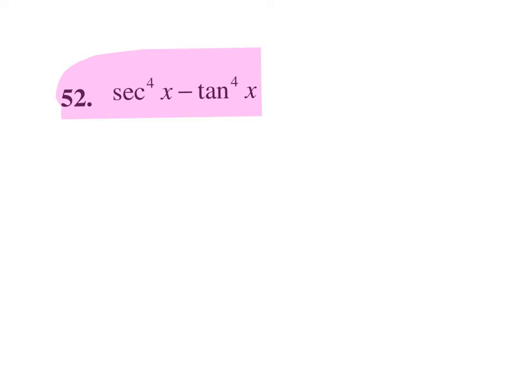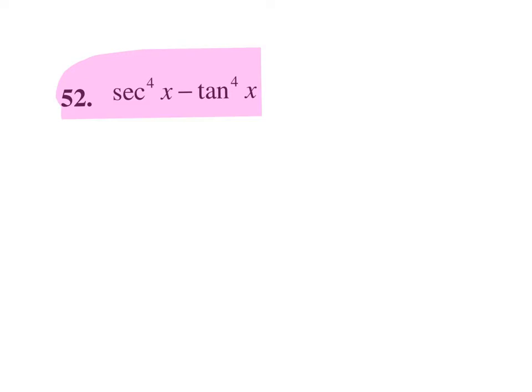One's a plus and one's a minus. As soon as I see the squares of secant and tangent, I would know that tangent squared plus 1 equals secant squared. So in order to get the secant and the tangent on the same side, I'd subtract the tangent squared from the left, and I get 1 equals secant squared minus tangent squared. And that's the one I can replace.